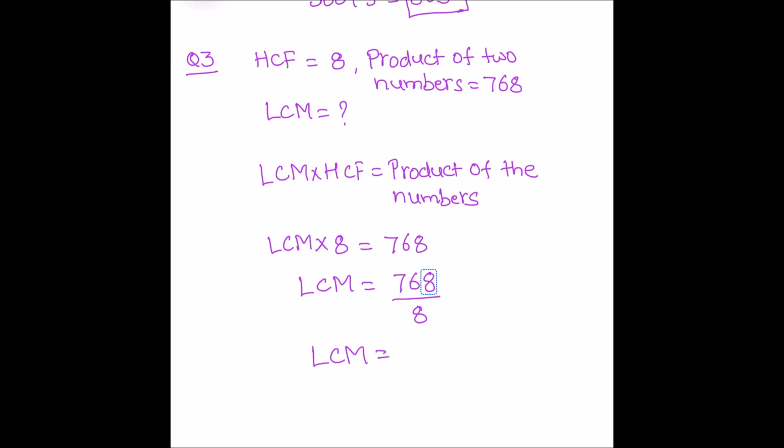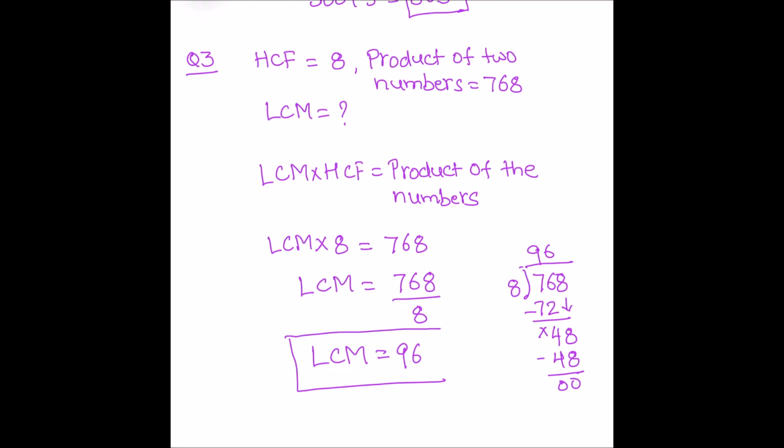Let's divide the two numbers. 768 divided by 8. 8 times 9 is 72. 4 is remainder. Then we'll drop down 8. And 8 times 6 is 48. So the LCM is 96. This is going to be our final answer. And this is how we find the LCM when HCF and product of the numbers is given.